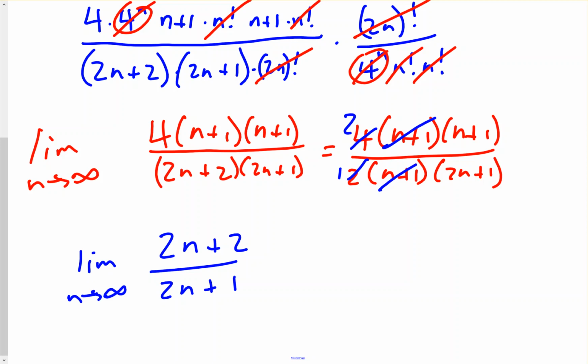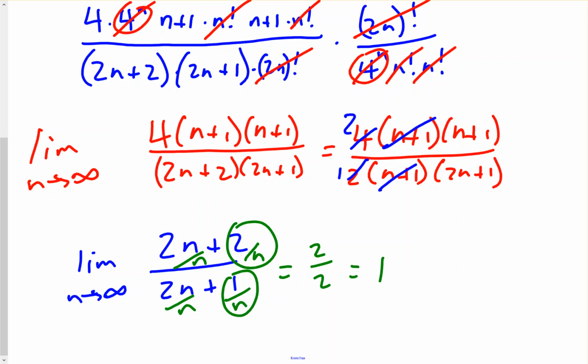As we take the limit as n approaches infinity, we could divide everything by n. This goes to 0, this goes to 0. We end up with 2 over 2, which is equal to 1. And remember what happens when rho equals 1: we say that the test is inconclusive.